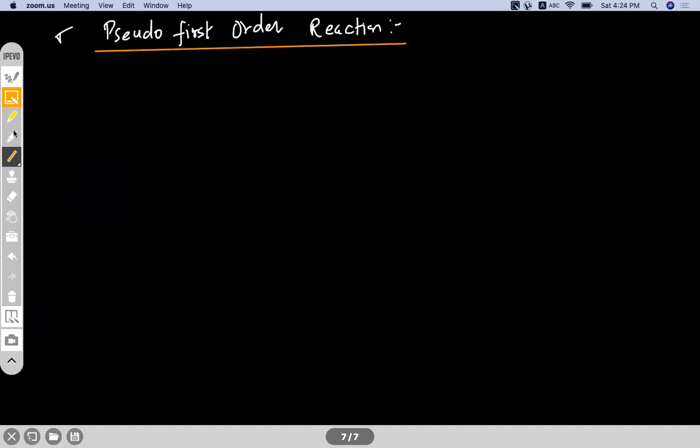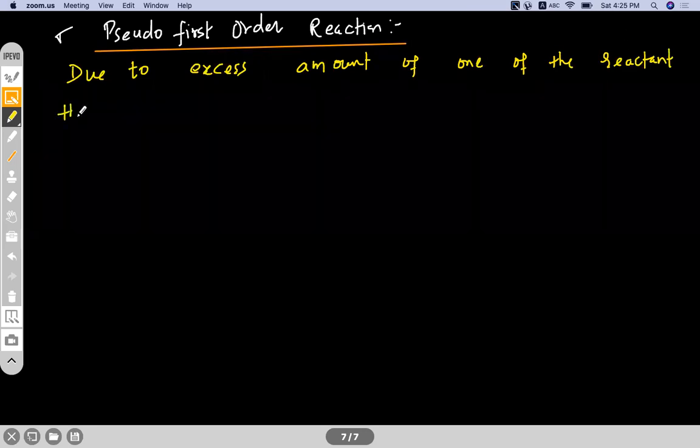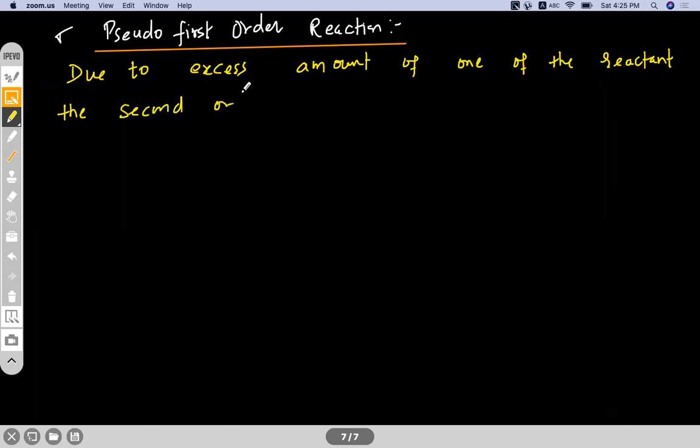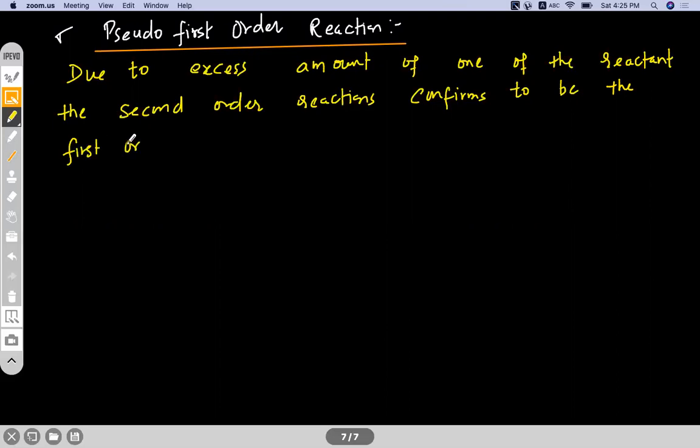Pseudo first order reaction, write down: due to excess amount of one of the reactants, the second order or higher order reaction, mainly second order, conforms to be a first order reaction, or it is behaving as a first order reaction.